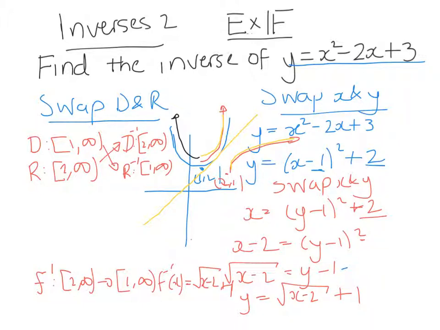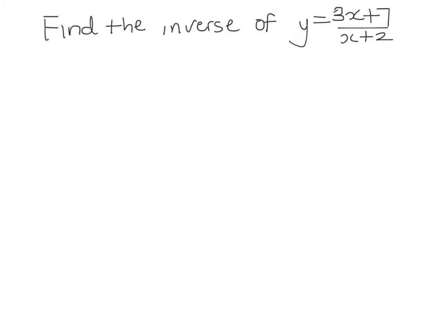You can change the domain and range for the black part, this one here, from negative infinity up to 1, and from negative infinity up to 2. That'll affect the shape of the graph, and as a result you'll end up with a different equation for the inverse. Alrighty, let's try another one.